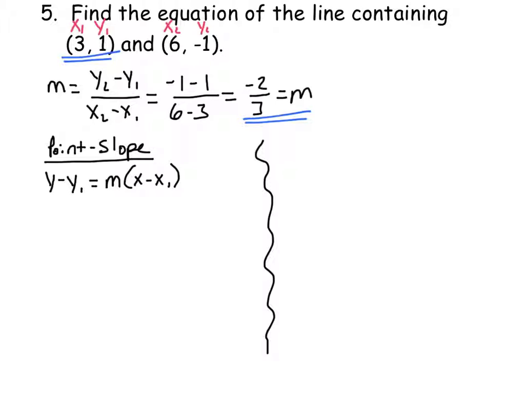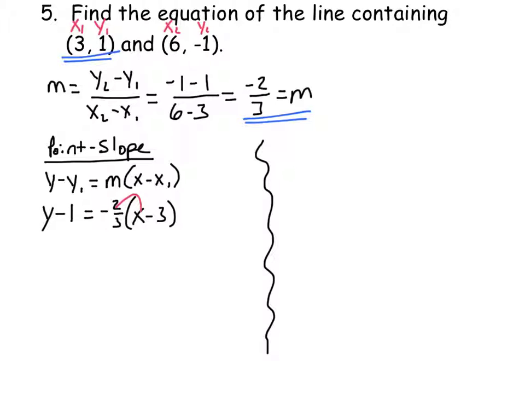Our point gives us the x1 and the y1, and our slope gives us the m. So we have y minus 1 equals -2/3 times x minus 3.